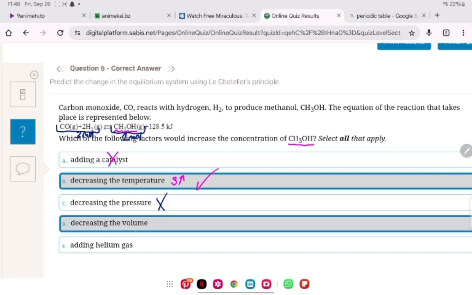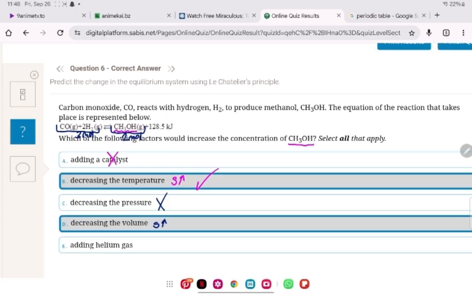Okay, decreasing the volume. Volume and pressure are the same, but they're different in a way. If you decrease the volume, the system will try to increase the pressure. You know how we said decreasing the pressure goes to the side with more moles. Increasing the pressure will go to the side with fewer moles, and the fewer moles is on the product side.